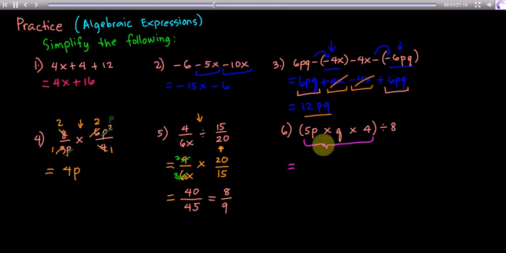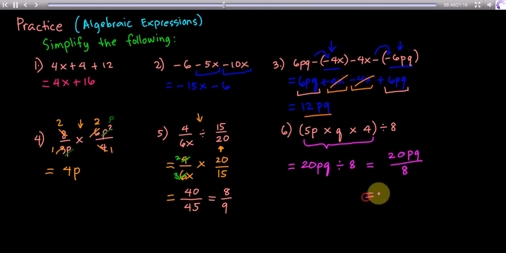So let's simplify this. We're having 5p times q times 4. We can multiply 4 and 5, so that would be 20, and p times q is pq, and this is now divided by 8. Or, to make it easier, we can write this as 20pq all over 8.